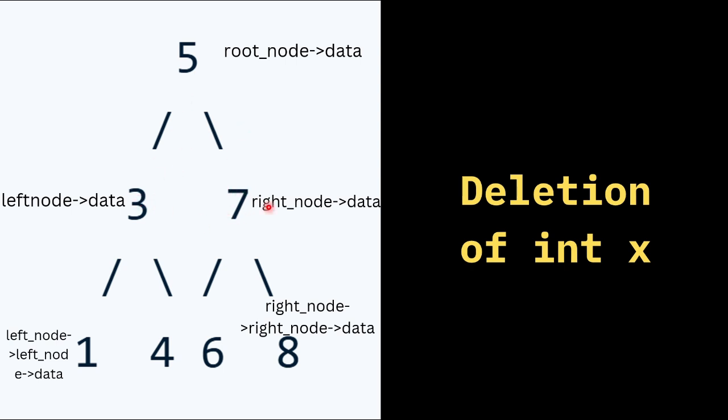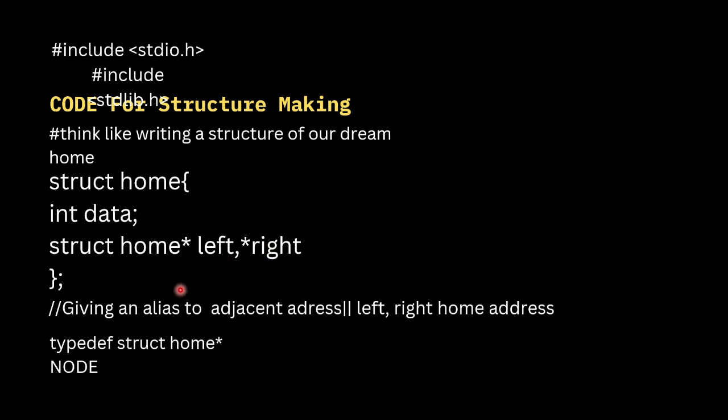Those left and right addresses we will keep here. And typedef struct home star node. Star means that it is an address, and we have given this whole thing the name node, so we don't have to write this again and again. Include stdio.h, standard input output header, and the standard library header.